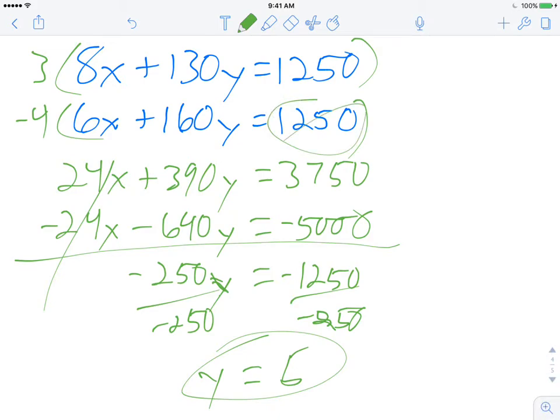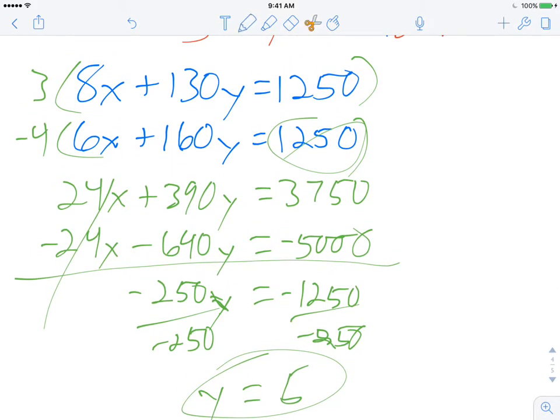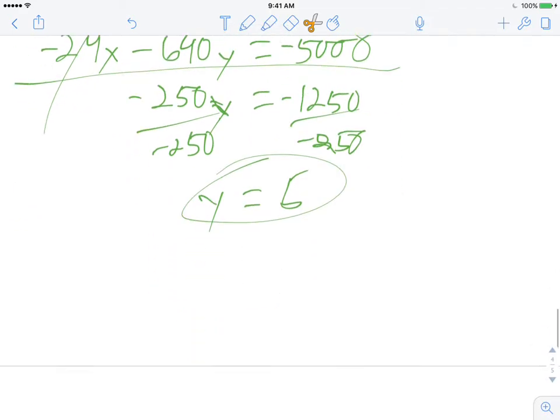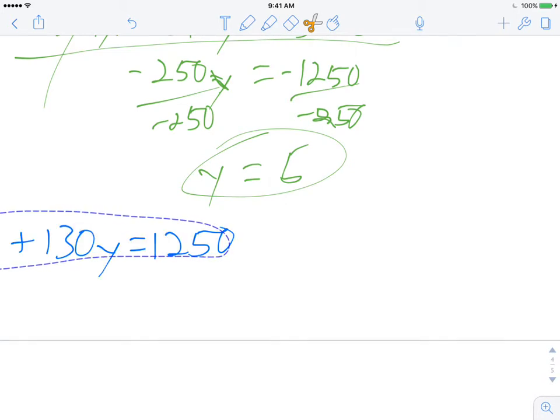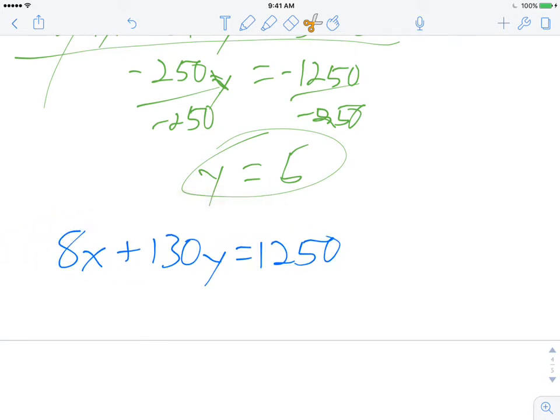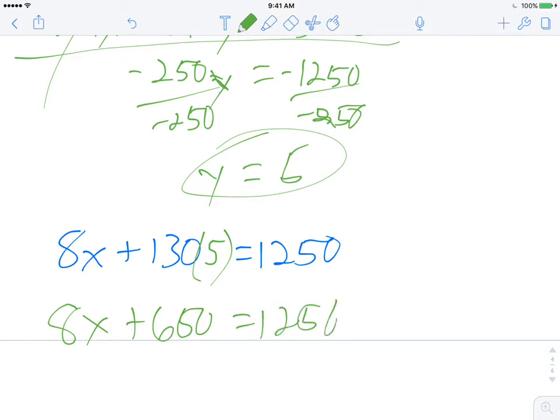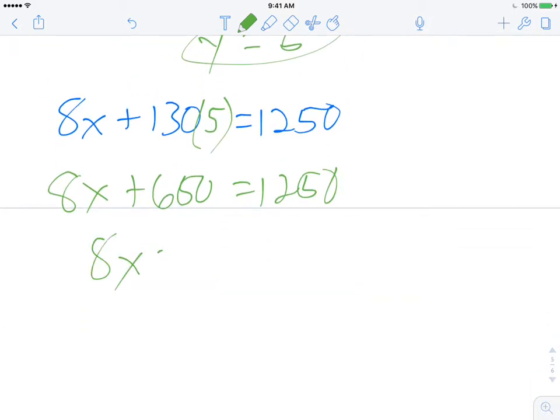So then we're just going to go back and put that in for y in one of the equations and solve for x. So I'm going to use my mad skills here. I'm going to do a little bit of copy, bring it down here, do a little paste action, move it over, boom. All right, so we're going to replace this with 5 and go to town. 8x plus 130 times 5 is going to be 650 equals 1250. 8x equals 600.